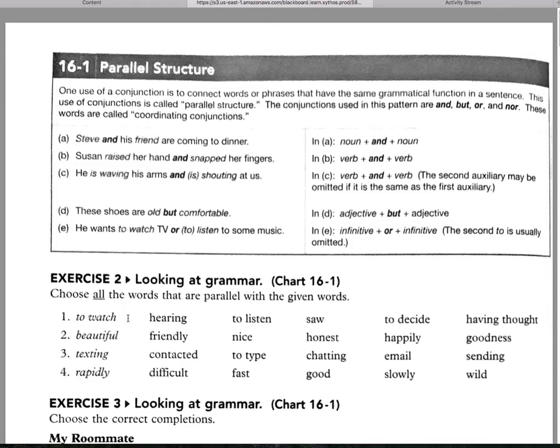So, is hearing an infinitive? No. To listen an infinitive? Yes. Saw an infinitive? No. To decide an infinitive? Yes. Having thought an infinitive? No. So the only two that would be parallel to the infinitive to watch would be to listen, to decide.